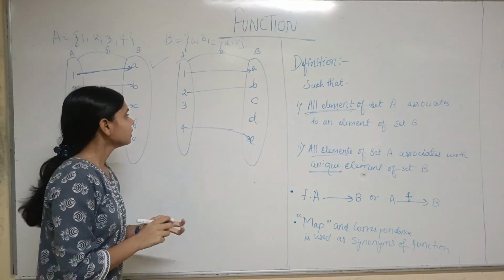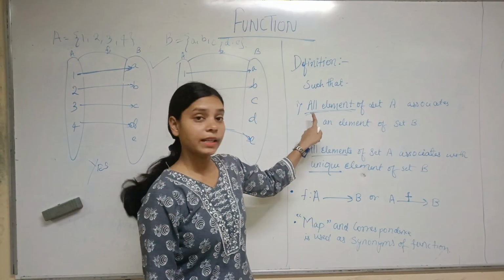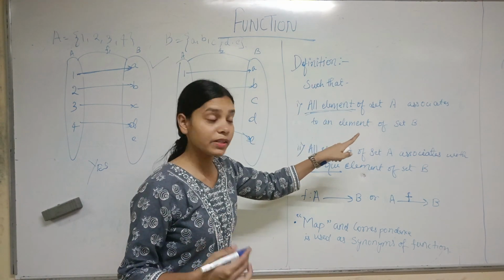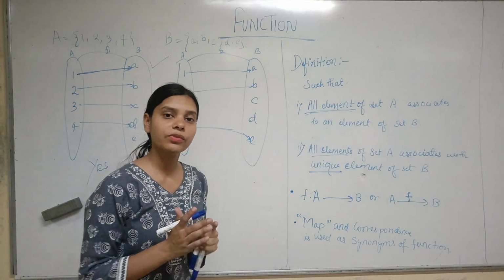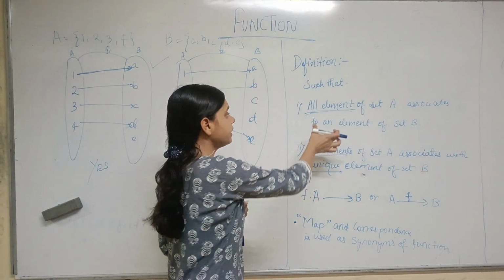Tell me anyone, is this a function or not? What is the first point? All elements of set A associate to an element of set B. All elements, students, highlight the word.